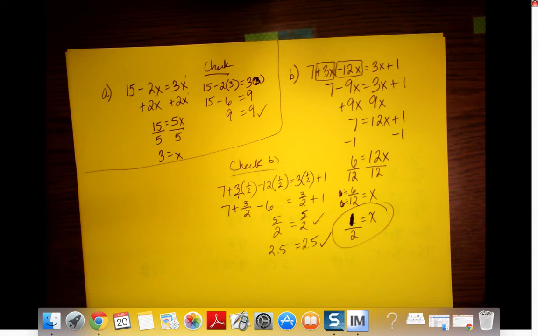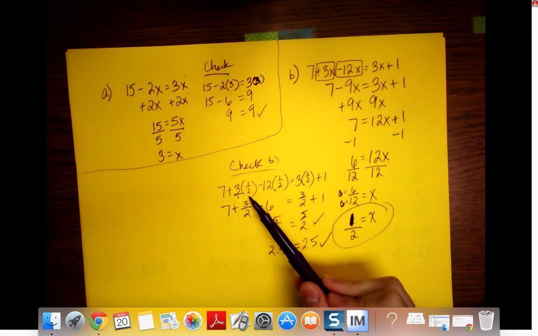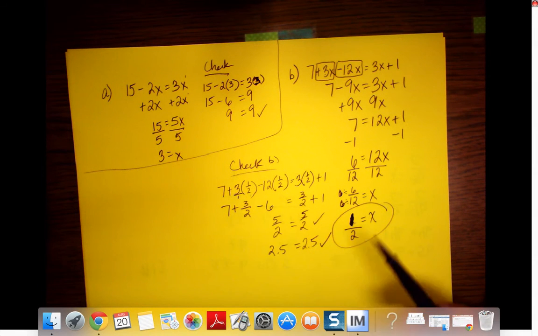It's good to get practice by substituting in fractions for a variable, because let's say our answer was an improper fraction, or even a fraction that repeated. So 0.66666, it keeps repeating.